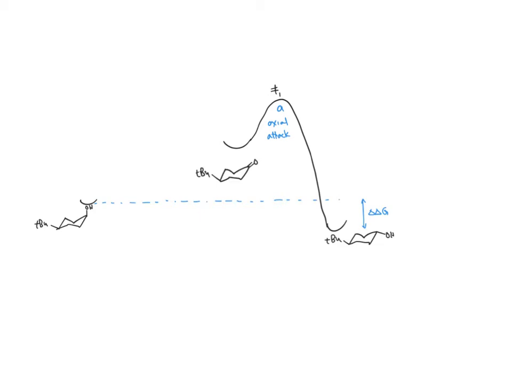The mode of attack B is going to also occur, but it's going to be higher in energy than the mode of attack A. So we'll call this transition state 2, and I label it with a green set of arrows. And so the mode of attack B is what we call equatorial attack.